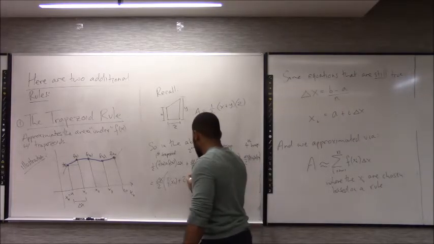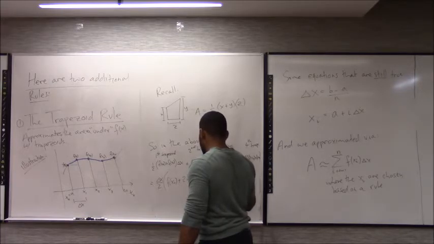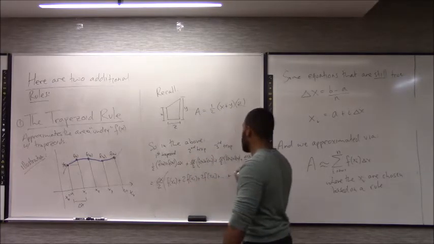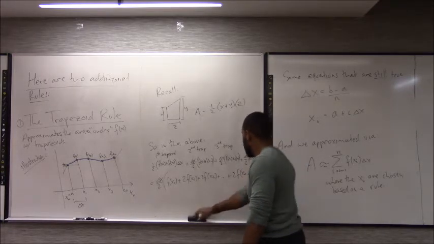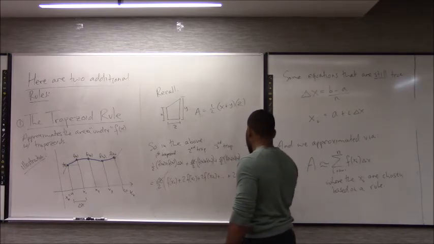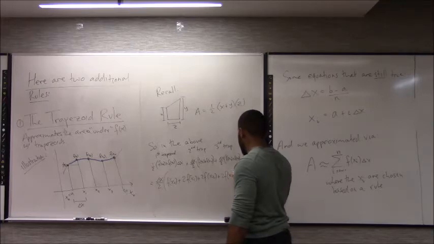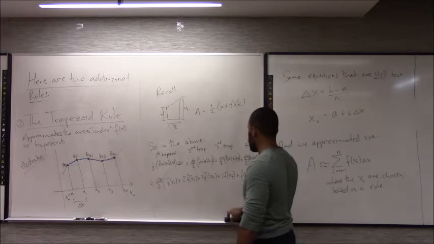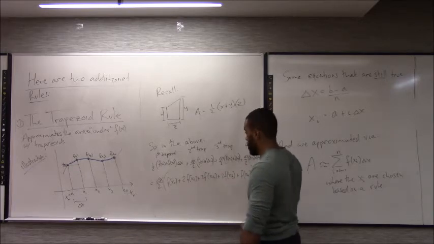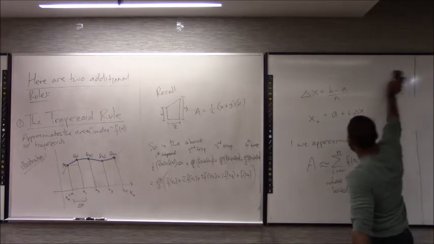So it's 2 f of x1 plus 2 f of x2 plus, keep going until you have 2 times f of the second to last, plus 2 times f of x3, plus f of x4. And that's the formula. Your delta x is given by the same b minus a over n. This still applies.